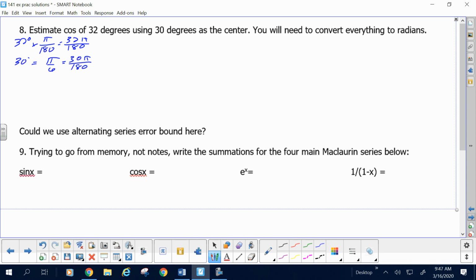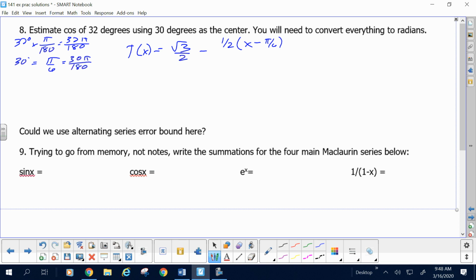So, finding all the function values and the derivative values at pi over 6, not at 32 degrees, which you don't know. You find them at a good place, like 30 degrees, and then you put 32 degrees into your Taylor. So my Taylor looks like this. That's cosine of 30 degrees.